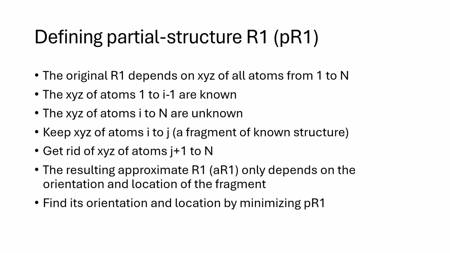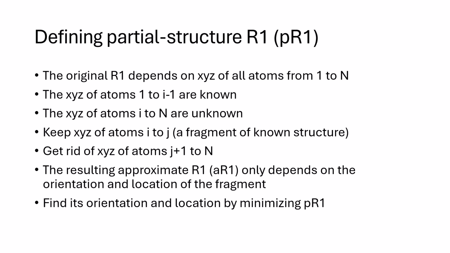Out of the remaining undetermined atoms, the atoms from I to J belong to a fragment, like a benzene ring, whose internal structure is known. Then we delete all terms that are dependent on the rest of the atoms from J plus 1 to N. The resulting PR1 will only depend on the orientation and the location of the fragment.